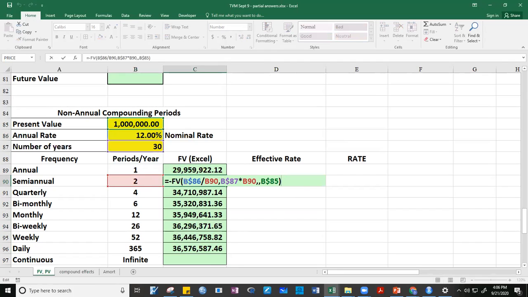Okay, let's check this. This is F9. Sorry, it didn't register. F9.